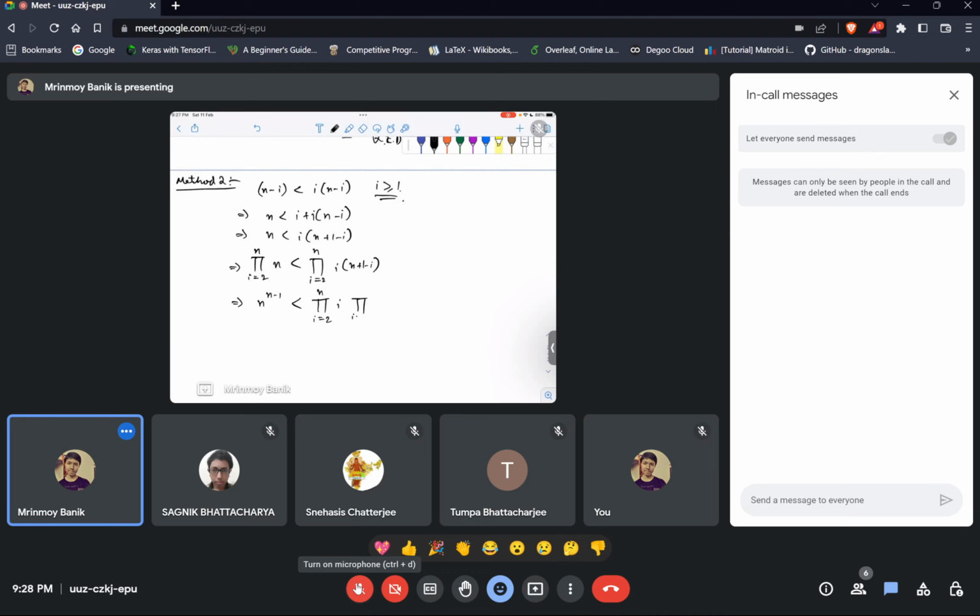Why am I making it from 2? Let's do it from 1. So 1 to n, right? Okay, the inequality is already there. So the left hand side is n to the power n, and I can break it into two halves.